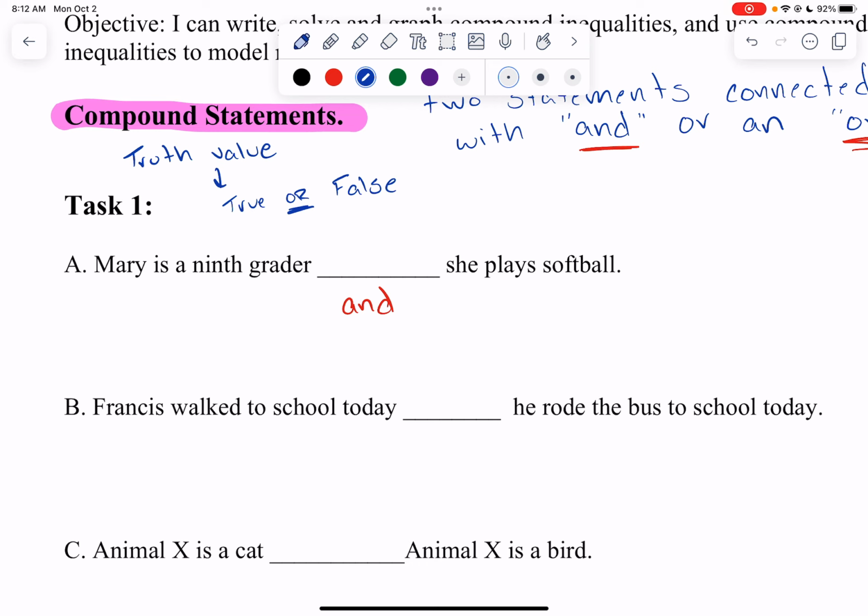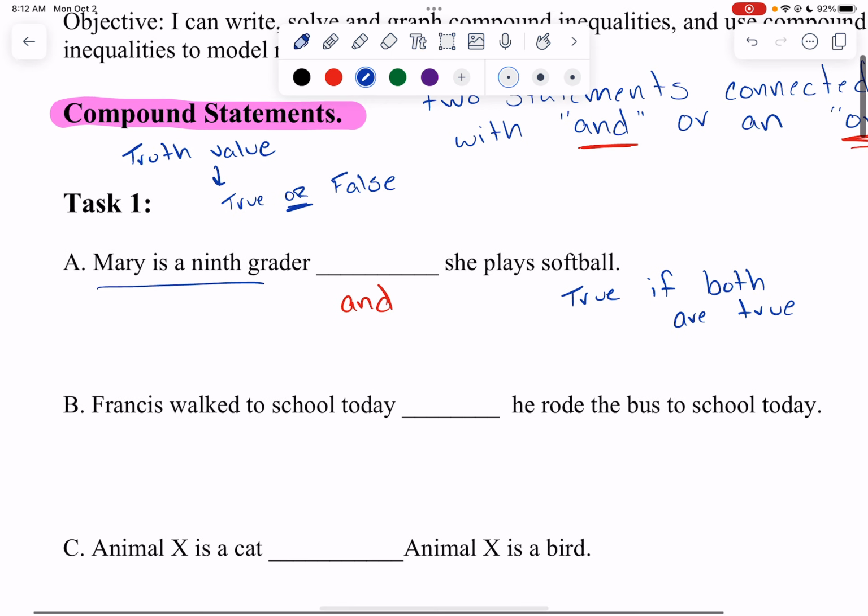Okay, so here, if I use and in between, Mary is a 9th grader and she plays softball. This statement with an and could be true if both are true. Meaning, yes, she must be a 9th grader and she must play softball. She has to do both. Now, with an or statement, it still can be true if both are true, but with or only one needs to be true.